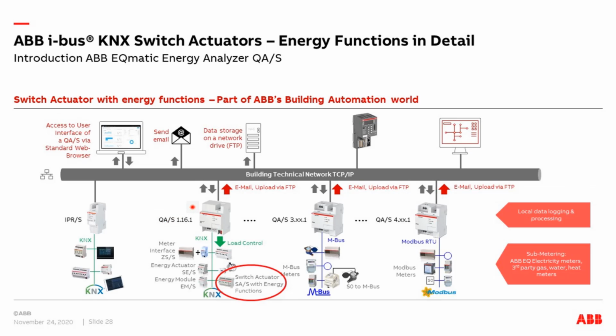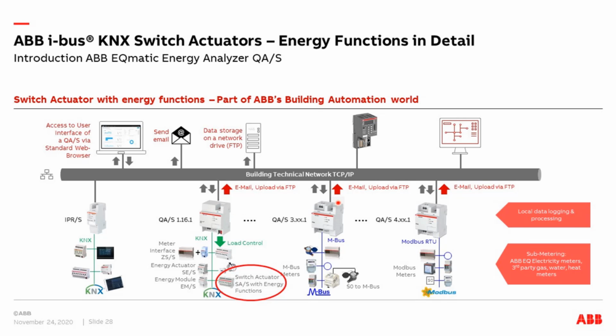Here, the last three slides about this energy analyzer. In principle, there are three hardware versions. You see they all look the same, but only the protocol is different: KNX, M-bus, Modbus. The energy analyzers store all the meter values, and via a standard browser the end user has access and can read out the values and the historical data, do the configuration, everything else.